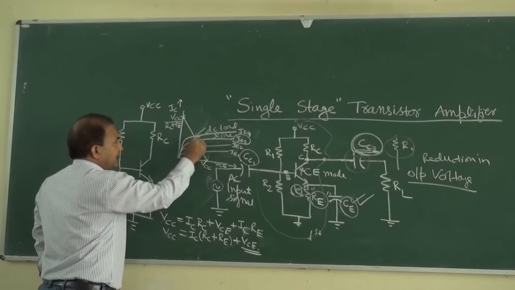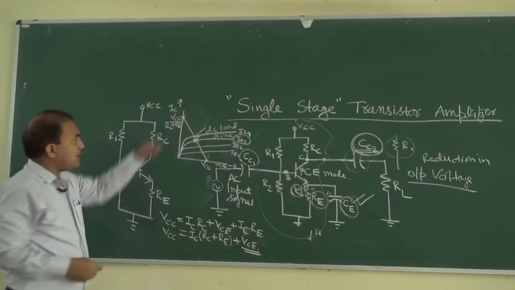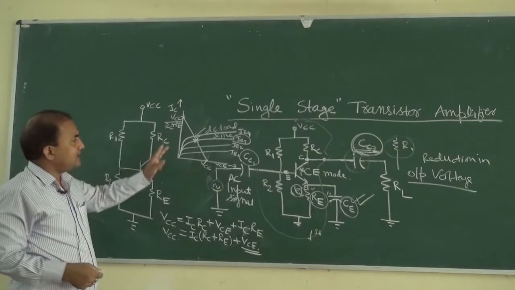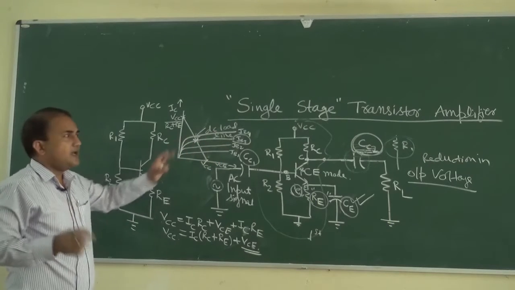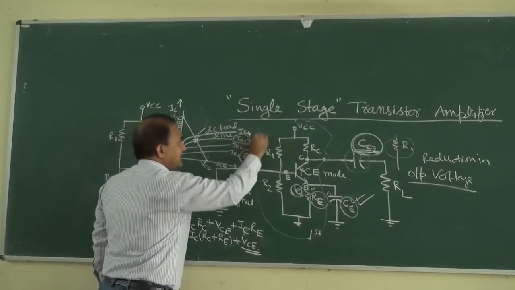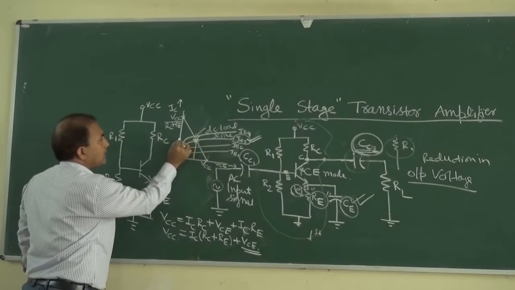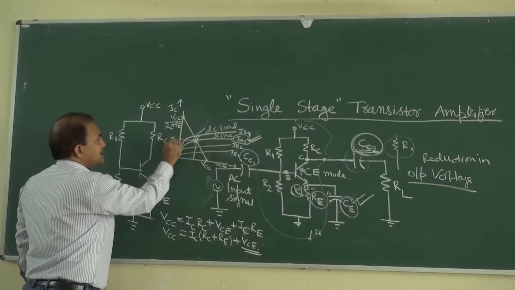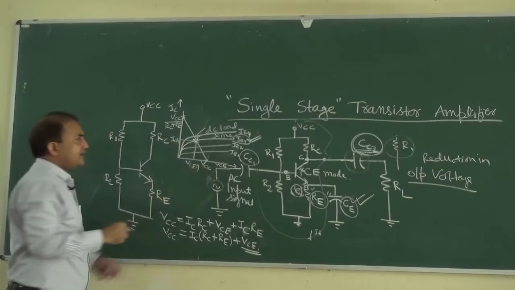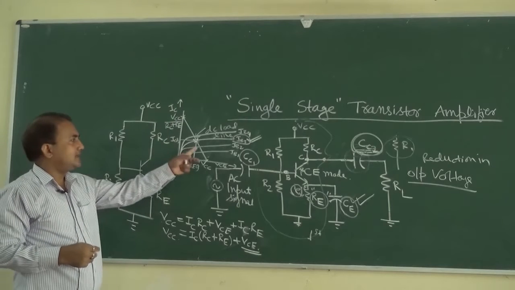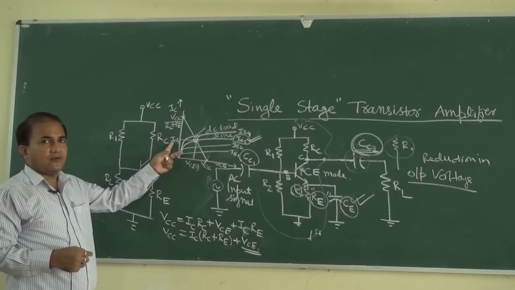So the Q point will lie here, at the intersection of this load line and the output characteristic curve. So ICQ and VCEQ will be determined graphically like this. This is the value of VCEQ and this is the value of ICQ.